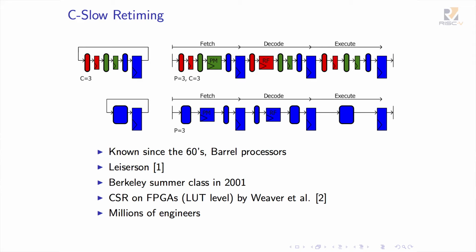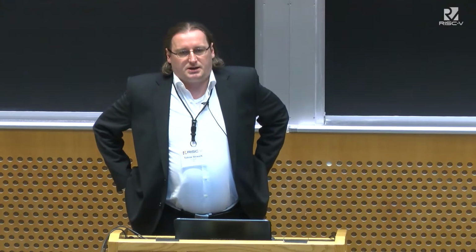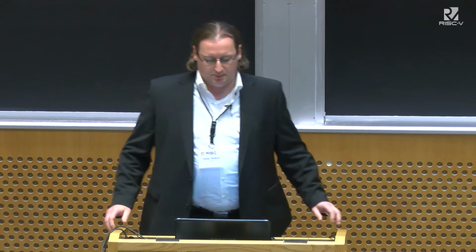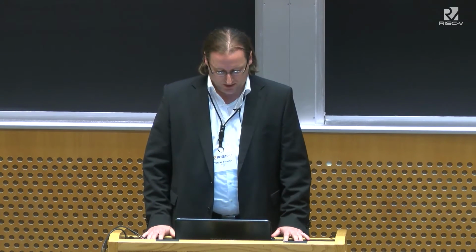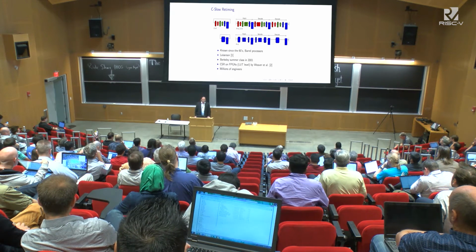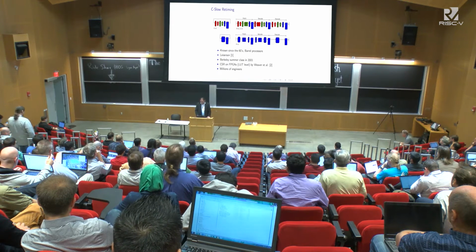Processors based on Slow Retiming are called barrel processors. Mr. Leiserson mentioned Slow Retiming first in his paper. There was a Berkeley summer class in 2001 about that, and the Berkeley guys released a paper about Slow Retiming on FPGAs on lookup table level. But I guess millions of engineers have had these ideas.